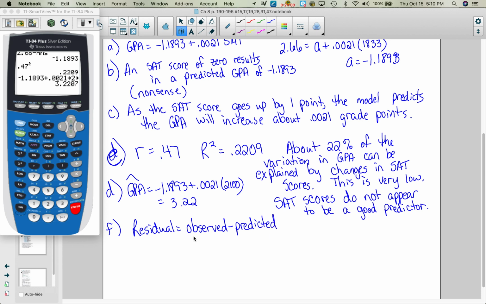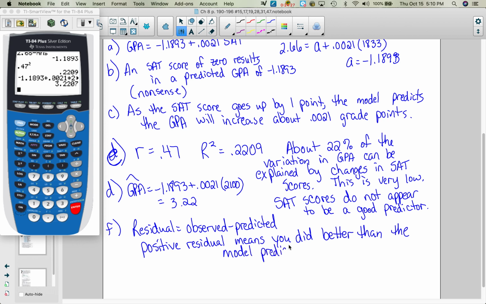So a positive residual means you did better than the model predicts. I'm thinking you'd rather have positive. You'd rather have a higher GPA than what the model would predict for you, because we all want to have a higher GPA.